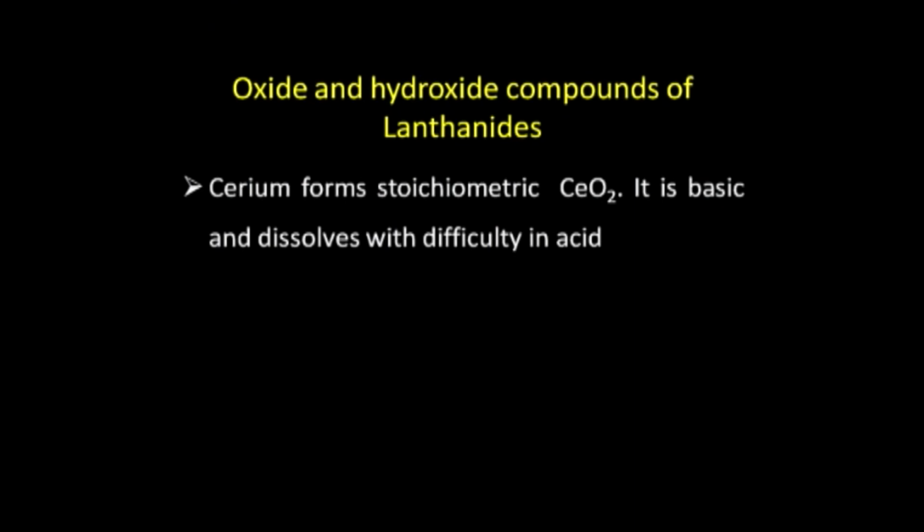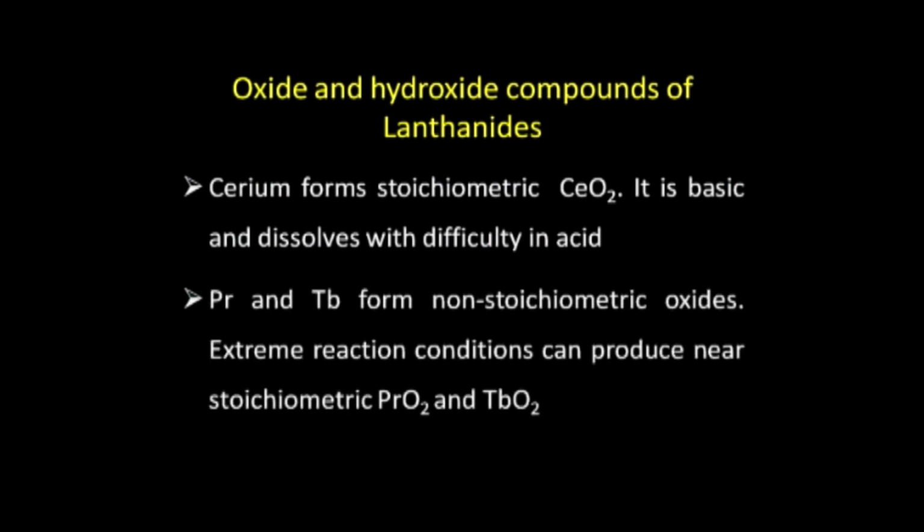Cerium forms stoichiometric ceric oxide. It is basic and dissolves with difficulty in acid. Promethium and terbium form non-stoichiometric oxides. So, as you can see, cerium forms a stoichiometric oxide, whereas promethium and terbium form non-stoichiometric oxides.